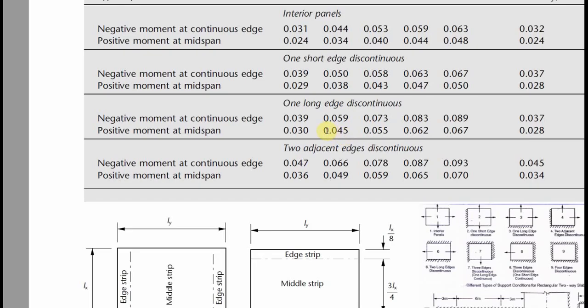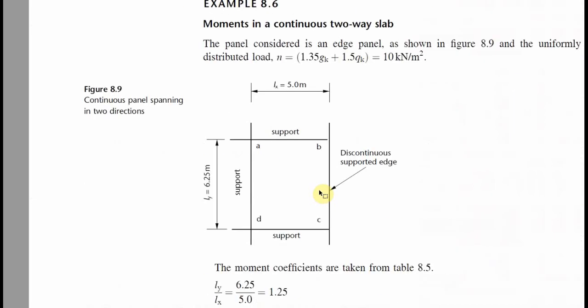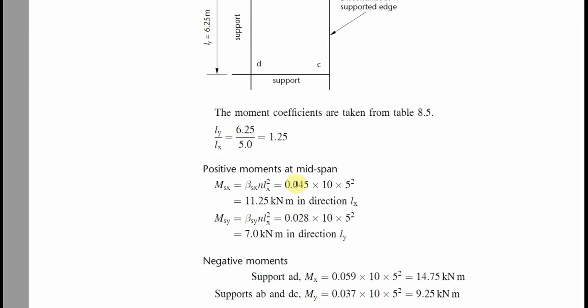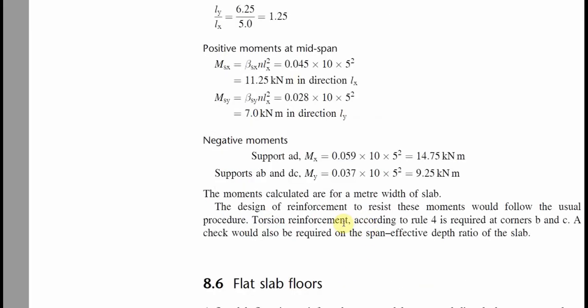Then for the mid span, we have 0.045 and 0.028, while for the negative moment 0.059 and 0.037.